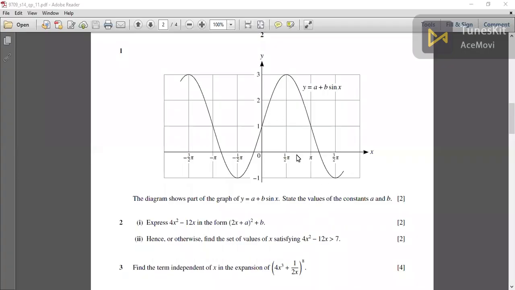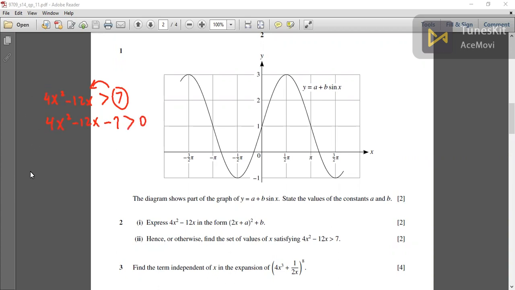For the second part, it says to find the set of values of x satisfying 4x squared minus 12x bigger than 7. I move the 7 over, so you will get 4x squared minus 12x minus 7 bigger than 0.